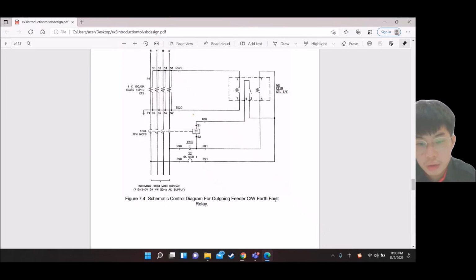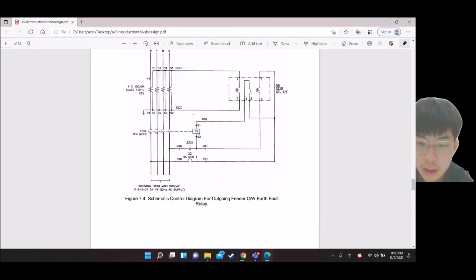The relay is to protect against a fault and is used with the MCCB. For the MCCB here we use 100 ampere and link to the SD, which is the shunt trip.